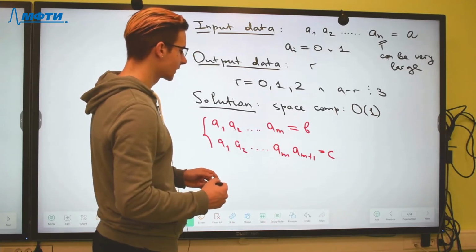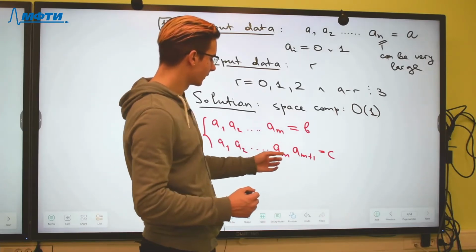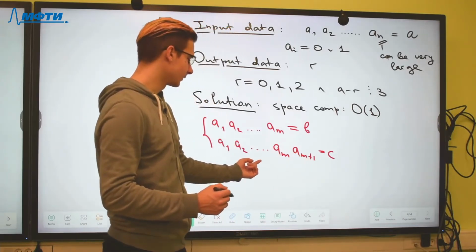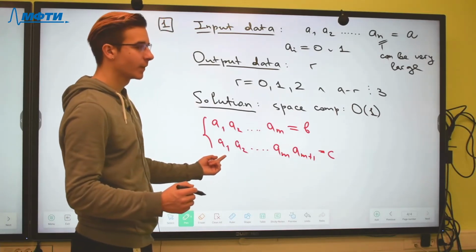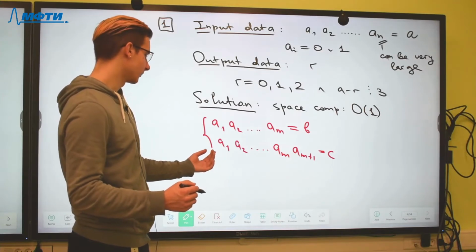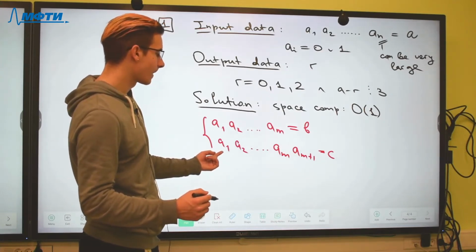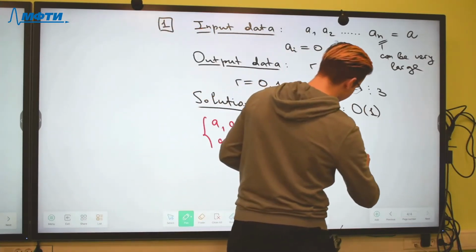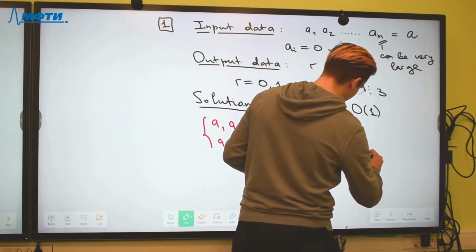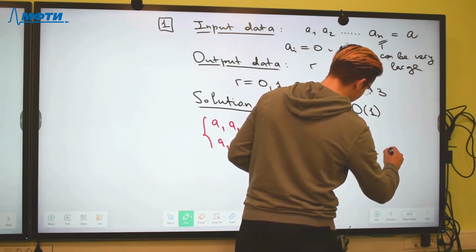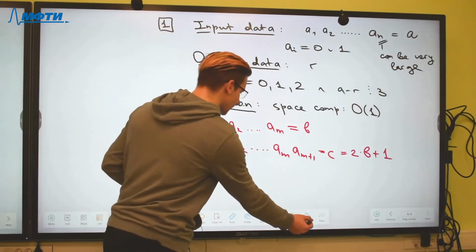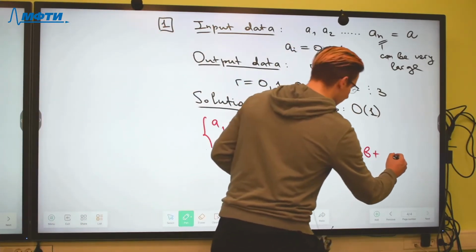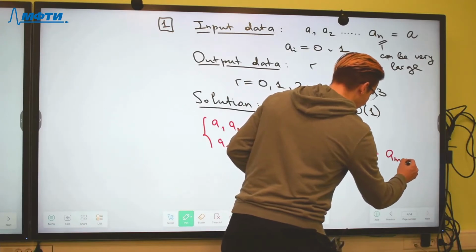We know that the number that has these characters in the binary realization is the number that is equal to twice b plus 1, plus a and plus 1.